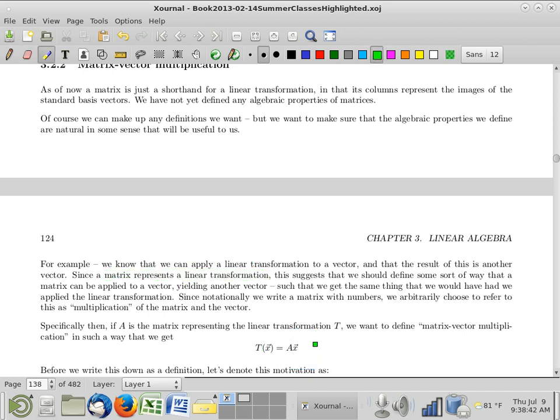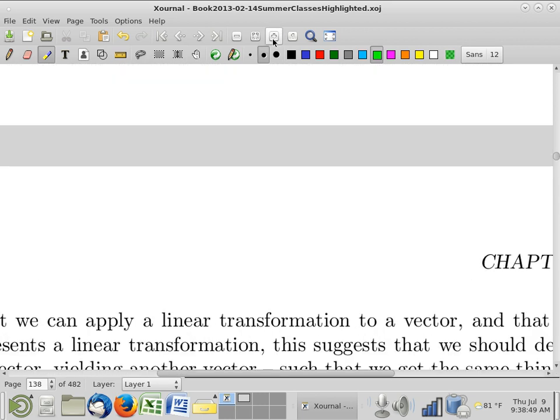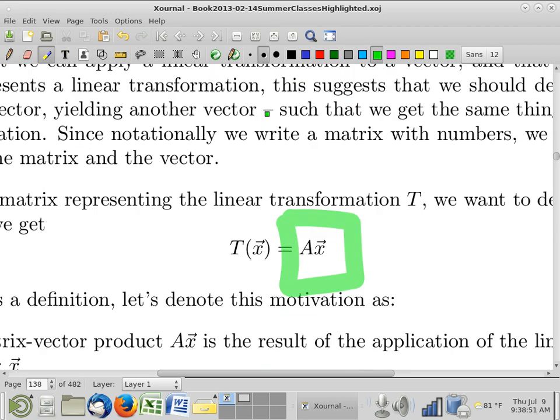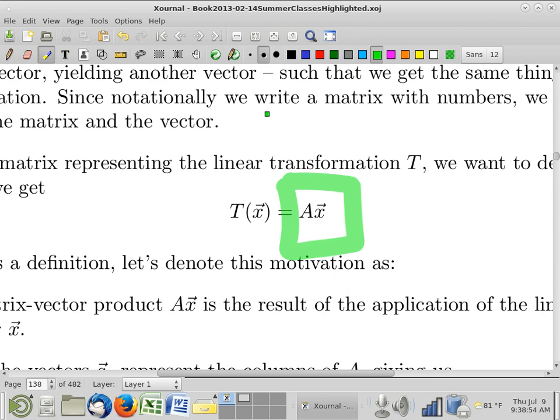I'm going to define matrix vector multiplication. Let me zoom in on this. I'm going to define matrix vector multiplication to be the vector that you get when you take the given vector x and the linear transformation T corresponding to the matrix you were given, and you compute T of x.